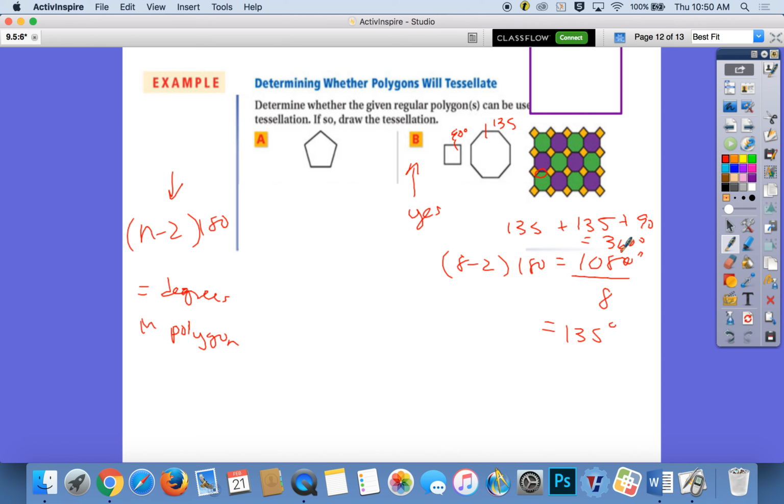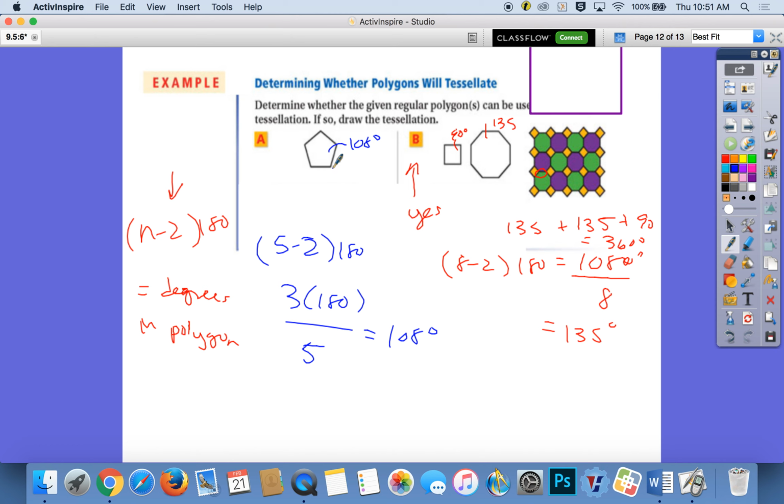Let's take the same concept and look at this pentagon. Same thing. I have 5 sides, so 5 minus 2 times 180 degrees turns out to be 3 times 180. If I divide that by 5, I end up getting 108 degrees. So each of these angles is 108 degrees.